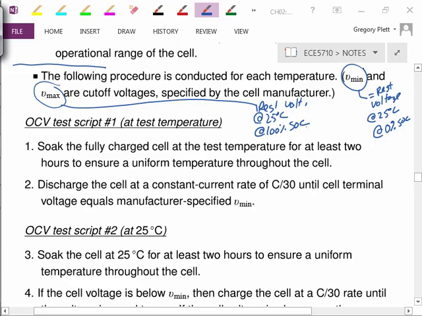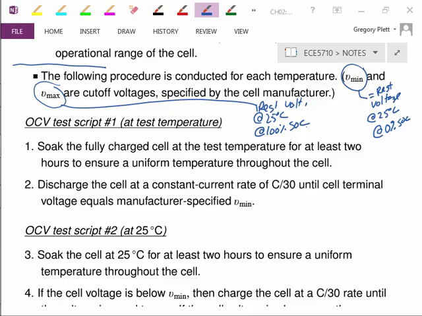So the cell manufacturer will tell us what voltages to expect for 0 and 100% state of charge only at room temperature. I have never seen them tell you what those voltages are at any other temperature. And that's why there are some subtle details in these tests. We break the testing down into test scripts. A script is like a program, and your test equipment, whether you get it from Bitrode or Arbin or some other company, will have some ability for you to program how it operates, and we call those a script.